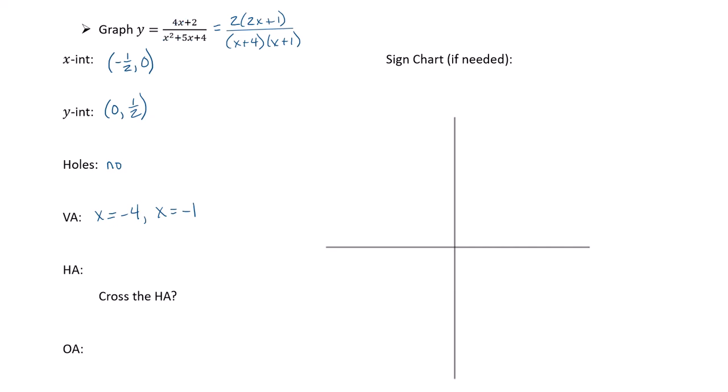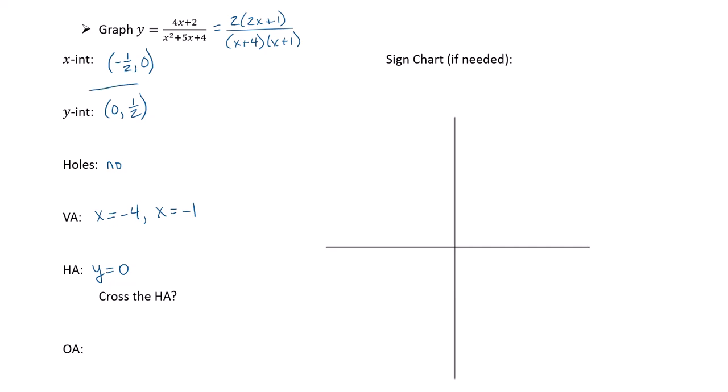A horizontal asymptote, if we were to divide this, maybe with long division, the numerator is too small to divide. It goes in 0 times. So the horizontal asymptote is y equals 0. Now, does it cross the horizontal asymptote? In other words, is there an x when y equals the 0 that we said?